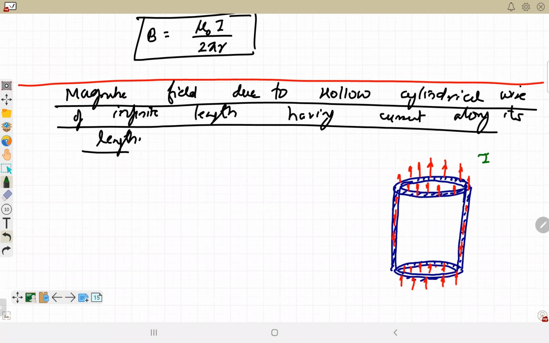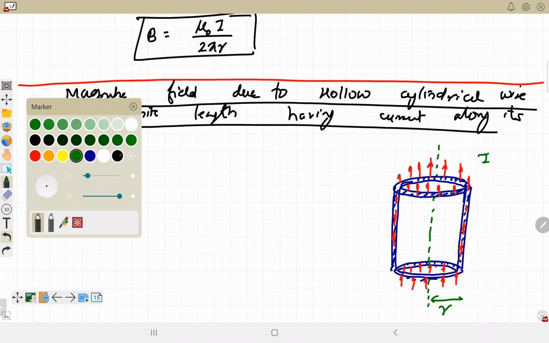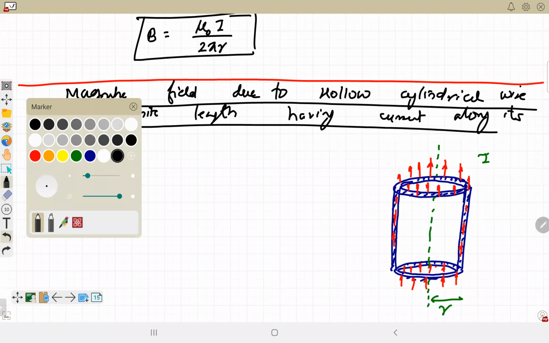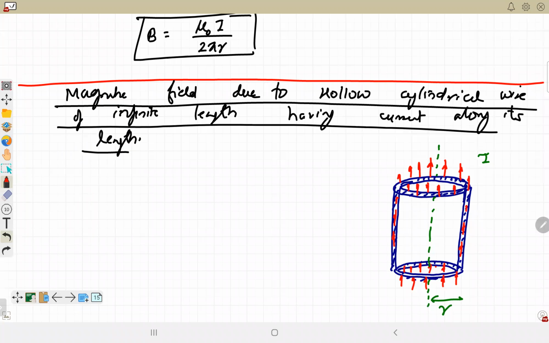Total current is I and the radius is R. Right, having current along its length.